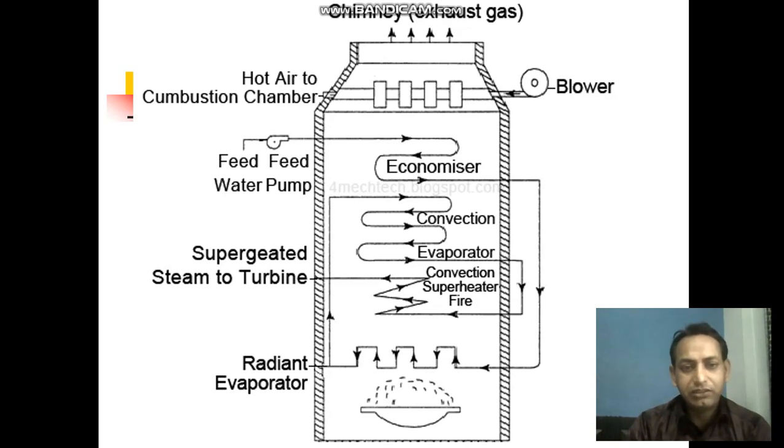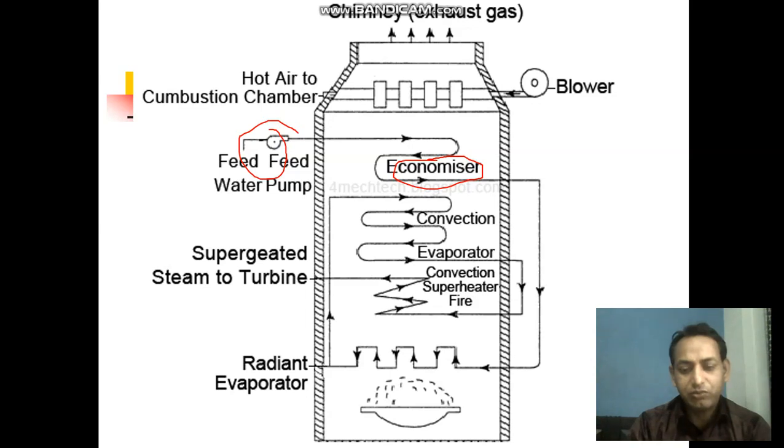The function is the same here. This feed water pump compresses the water up to just above the critical pressure. It goes to the economizer, and here some part of the heat is utilized from the flue gases, and the water is converted into a mixture form, and this goes to the radiant superheater.